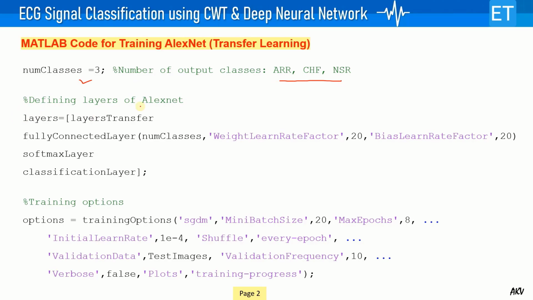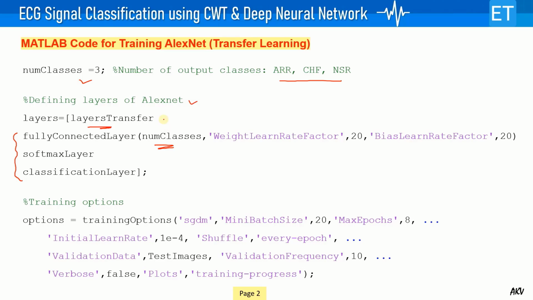Then we are defining all the layers of AlexNet. So layers equal to, first, these are all layers which we have already preserved from 1 to n minus 3. I mean, these are untouched layers. And now these are the 3 layers which we are changing. The first one is the fully connected layer, and here we are changing the number of classes. It is 3.